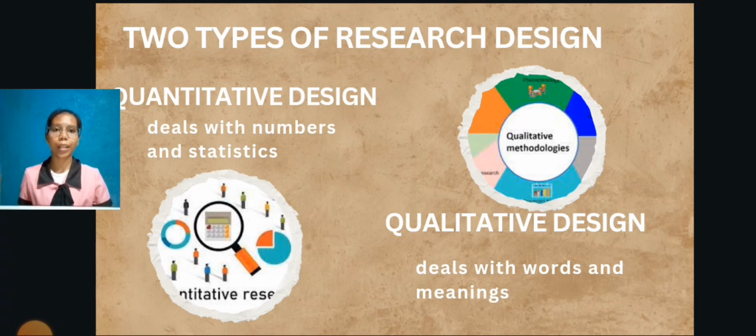The first one is quantitative design, which deals with numbers and statistics. It utilizes numerical data and statistical analysis to measure the variables and test hypotheses.